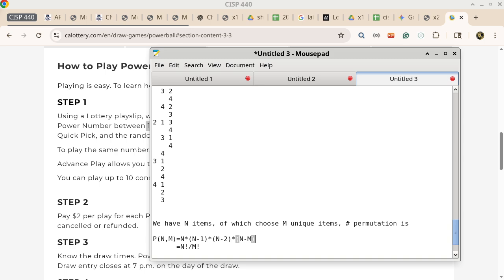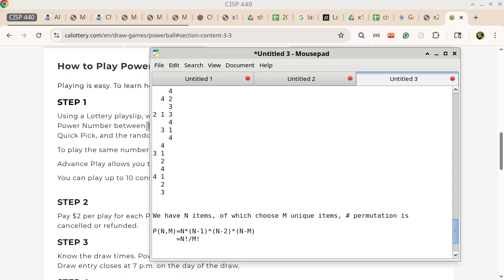We choose m of those. Okay, something is not sticking in my head because I can't see the equation like this. Okay, somebody left behind some pen here. So we are looking at n times n minus 1 times n minus 2, and so on, all the way down to n minus m. I think it also has to be a plus 1.